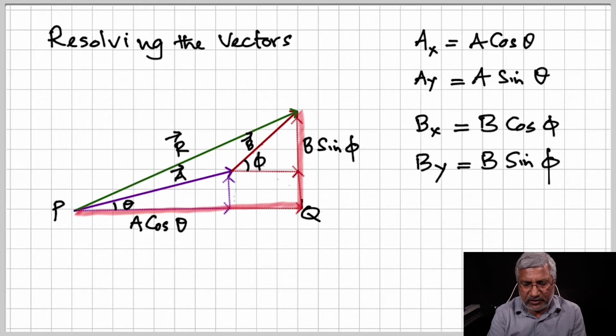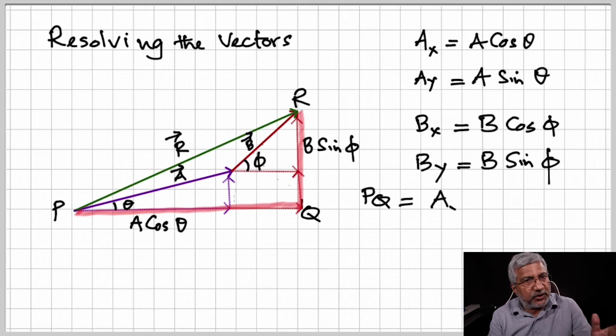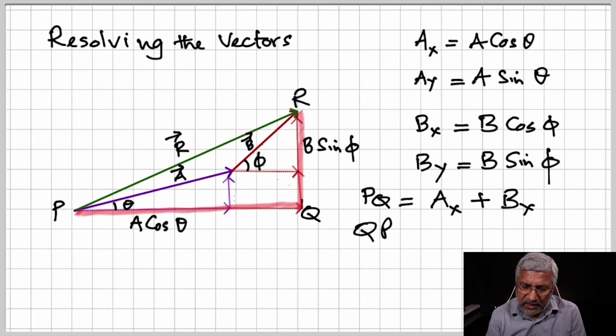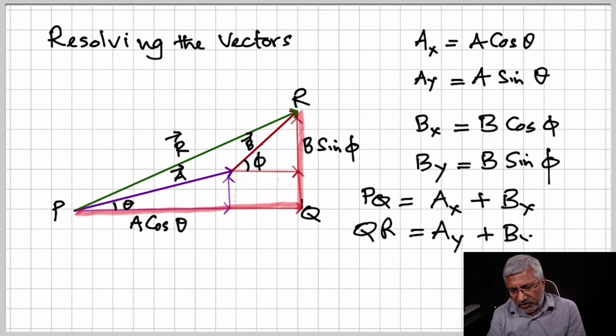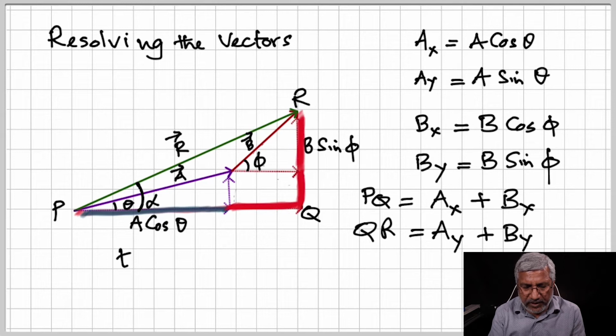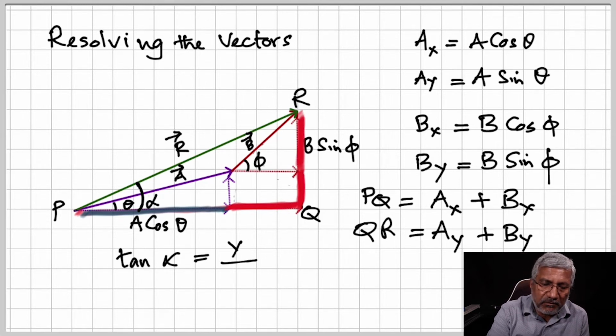Once you get that, you have this right angle triangle PQR, and then you know that PQ is AX plus BX, and QR is AY plus BY. And once you get those, you can find the resultant using the Pythagorean theorem, okay? And also you can find the angle made by the resultant. I call that alpha, the angle made by the resultant with the x-axis.